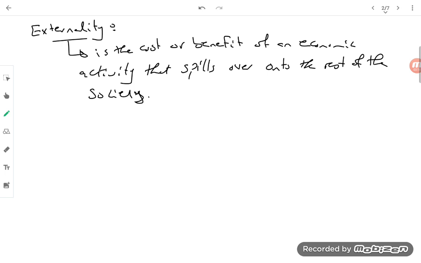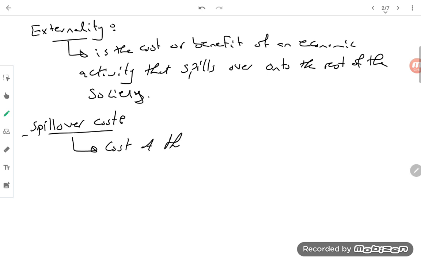Externality can be positive or negative, or in other words, can be spillover cost or spillover benefit. Spillover cost, which is negative externality, is cost to a third party other than sellers and buyers of the commodity.